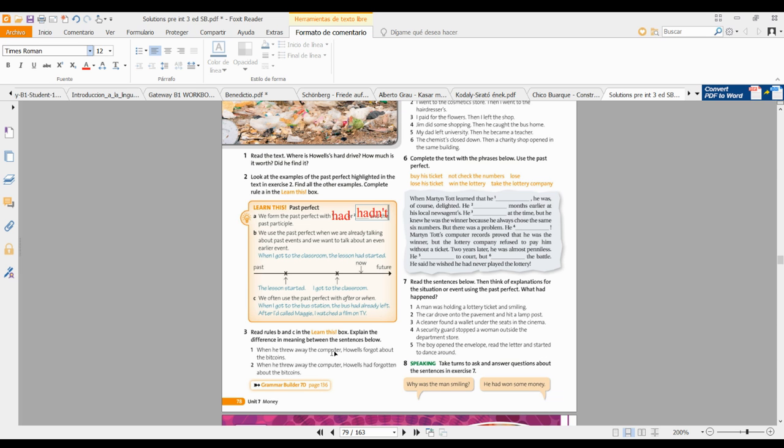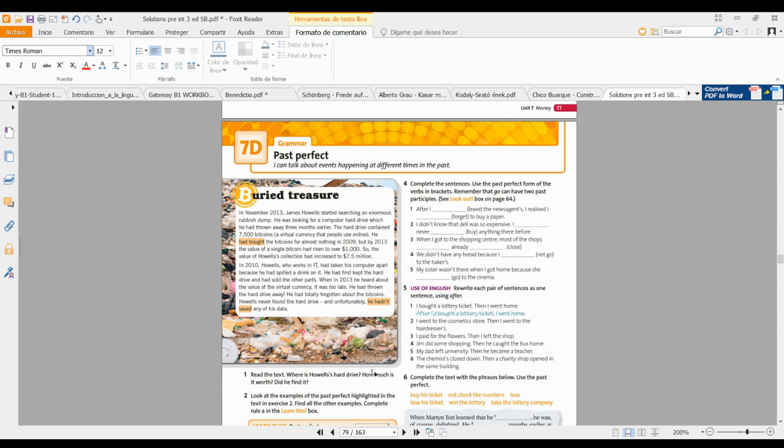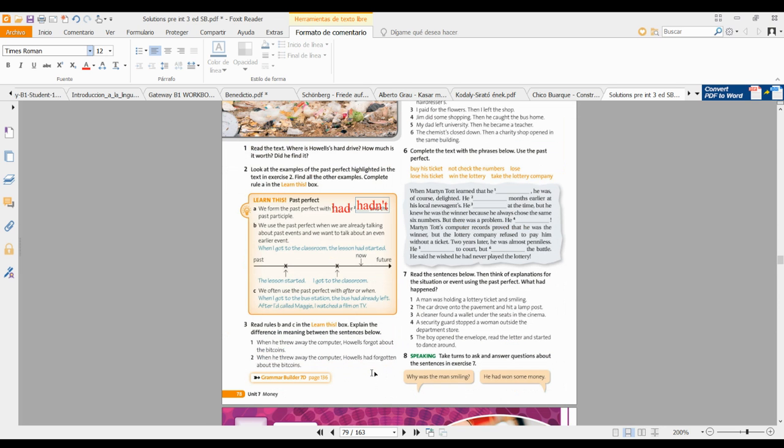Estas dos situaciones, o sea, que el que no se acordó y que la tiró, son simultáneas o relativamente simultáneas. Mientras que en la segunda, had forgotten the bitcoins es una situación anterior, se había olvidado. Al momento de tirarla, él ya se había olvidado. Bueno, espero que más o menos les ayude para comprender así como de un pantallazo el past perfect.